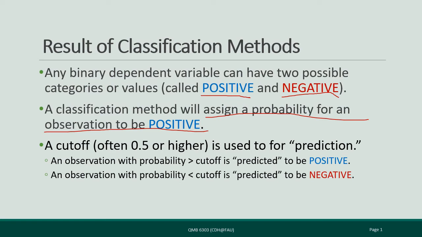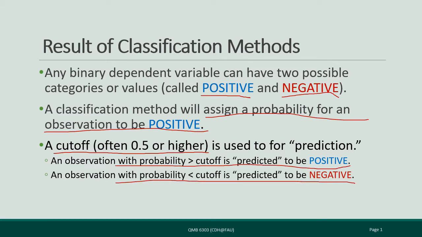Okay, and then we have to use a cutoff. The cutoff point is most often 0.5 or 50% or higher. And then we say that if the probability is higher than the cutoff, then the prediction is positive. If the probability is lower than the cutoff, then the prediction is negative.